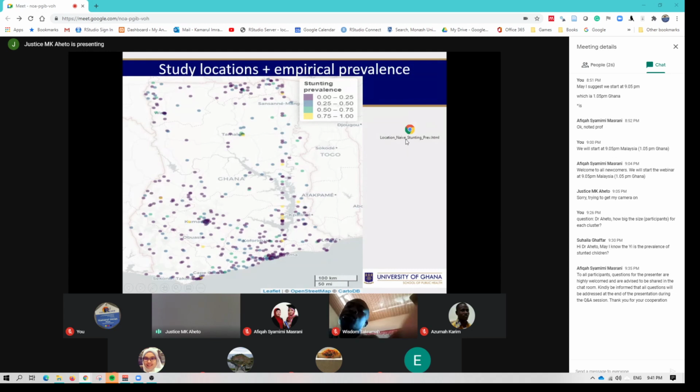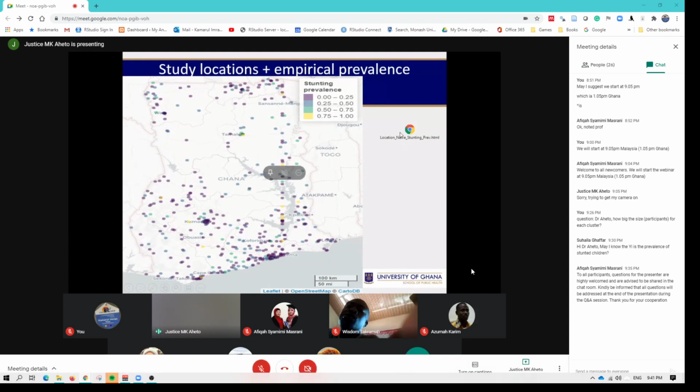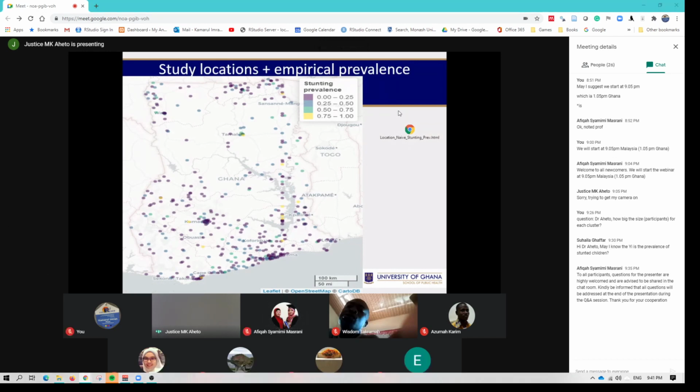Please, can you see the Google icon here on the right? I need a response because I'll be using this. Can anyone confirm that they can see the Google icon on the right of the map? Yes, we can see the Google icon, Doctor. Yep. Great. Thank you. This is a web-based version of the static map that you are seeing.